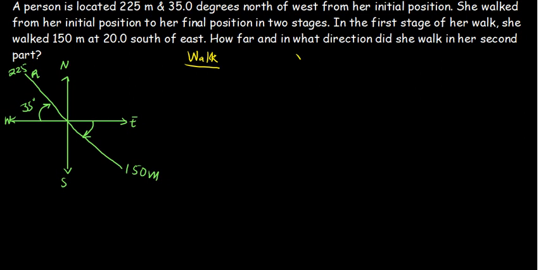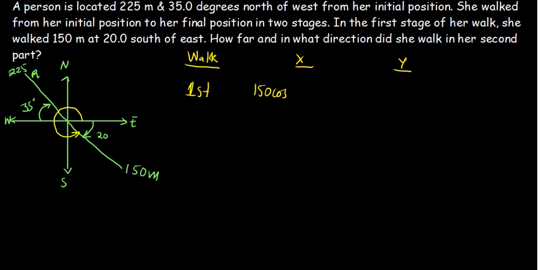I'll put the x component and also the y component. We have the first walk, the one that has been mentioned here, at 20 degrees. To find the x component, we say the magnitude, which is 150, cos the angle. Take the angle from the positive x-axis in the anti-clockwise direction.